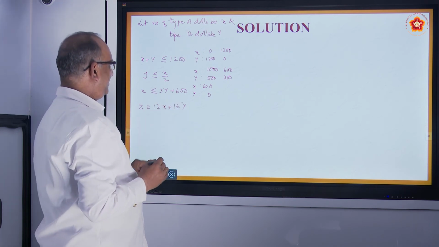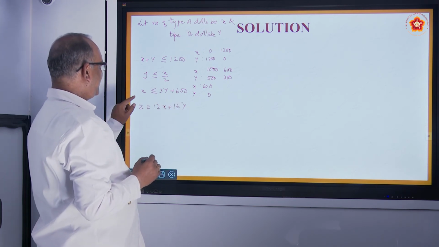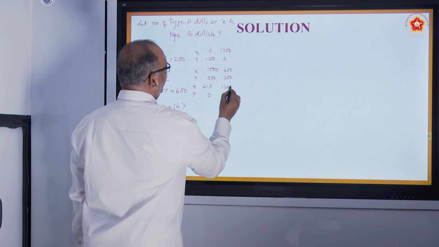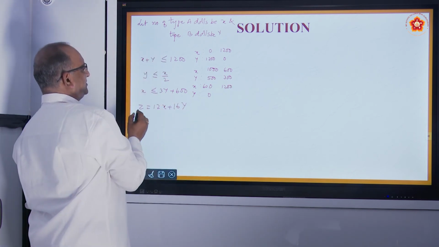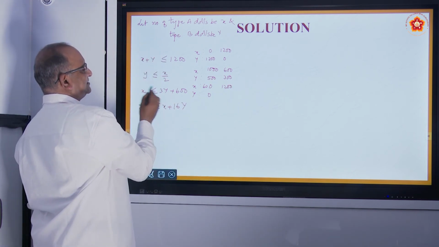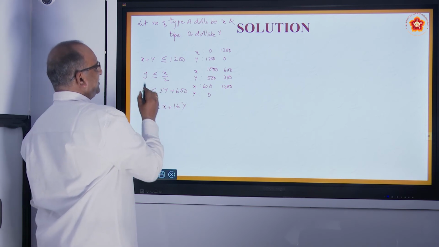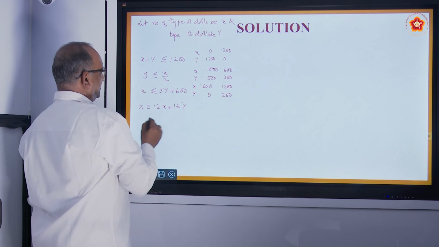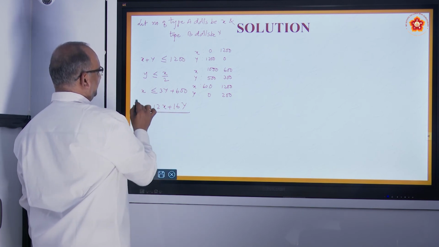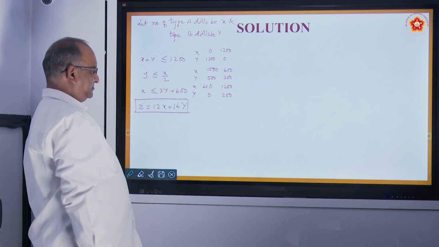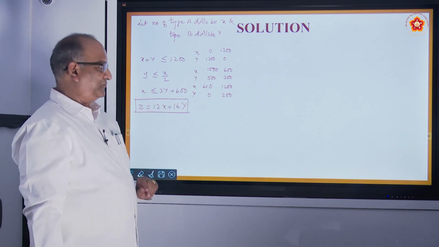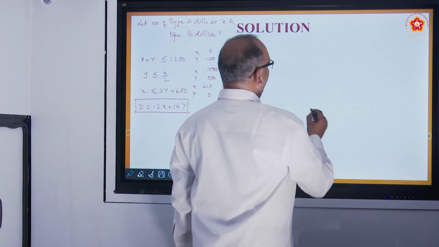Take one more value, that should be good enough. Let us say X is equal to 1200. So 600 will come this side. So 1200 minus 600, it will be 600. 600 by 3 will be 200. This is the optimization function. We don't draw this. So these are good enough to draw the graph. So draw the graph.